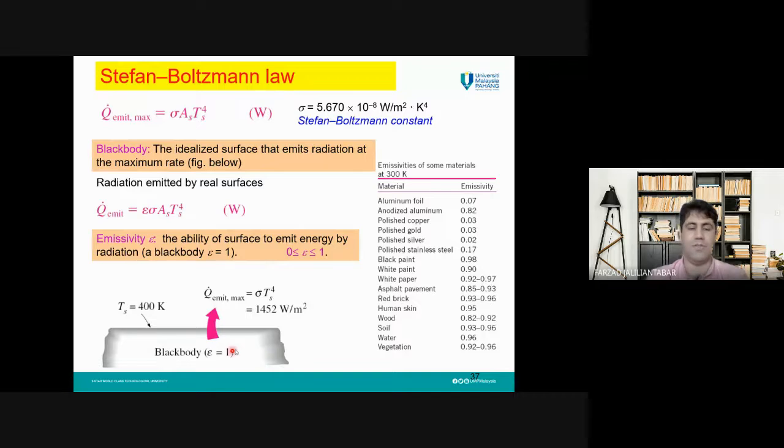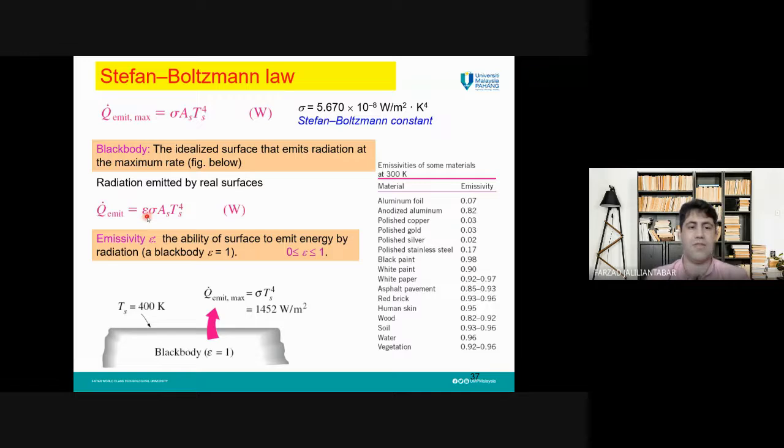I will tell you what a black body is, but imagine it is a normal body. Then Q dot emit is the amount of heat which is radiated or transferred by radiation. The value for normal substances is epsilon sigma A_s T_s to the power 4.